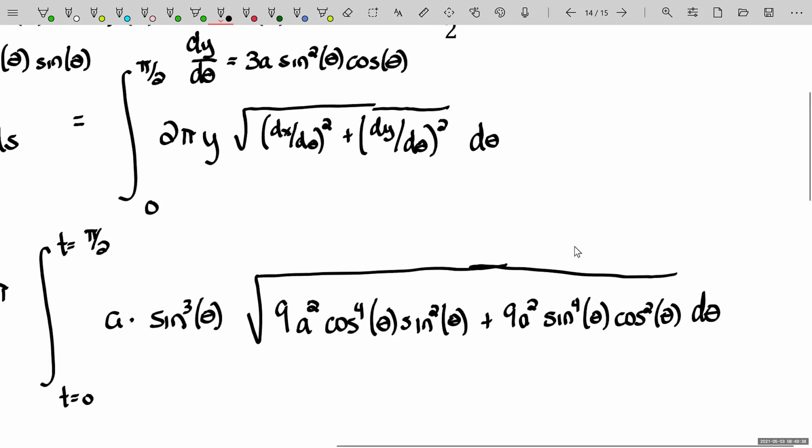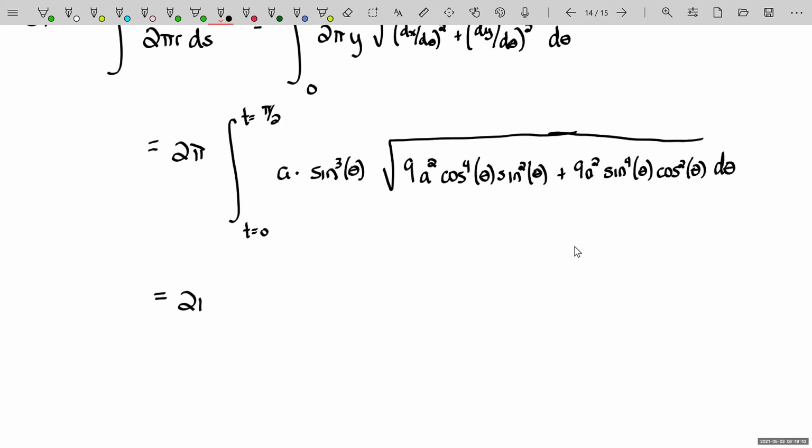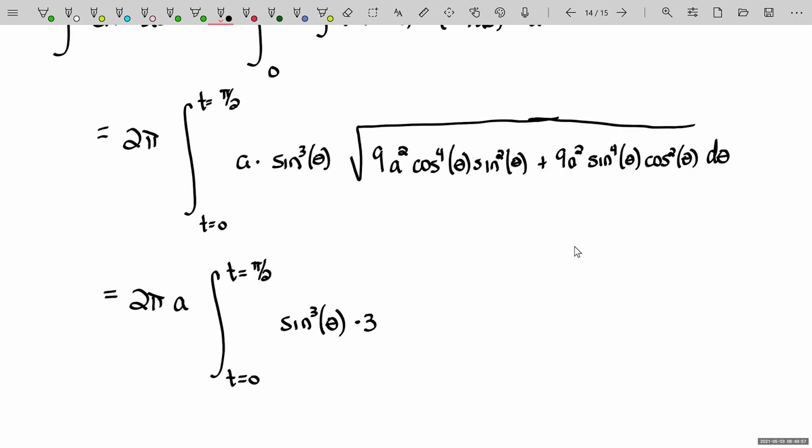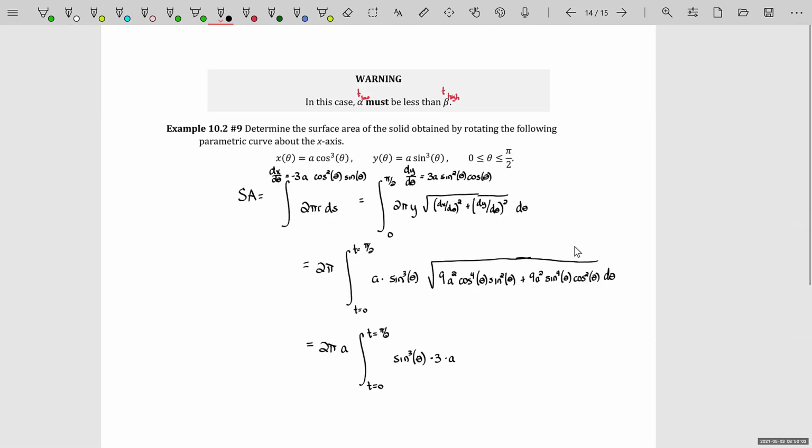And just a little bit of simplification here. 2 pi, I'll factor out this a here. Integral from t equals 0 to t equals pi over 2. We have the sine cubed, and let's see what we can factor out of that radical. A 9, square root of 9 is 3. An a squared, square root of a squared is a, as long as a is positive, which I'm going to assume it is.